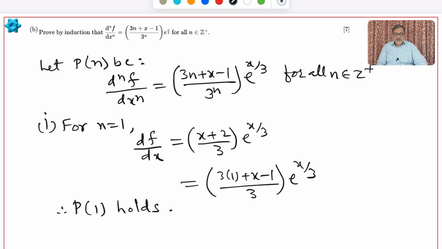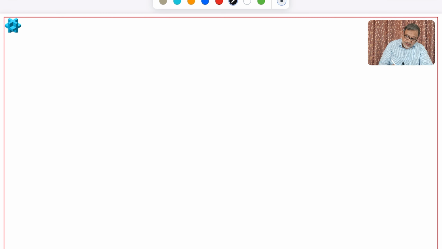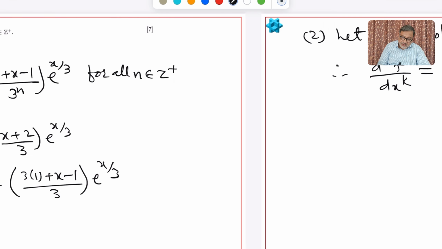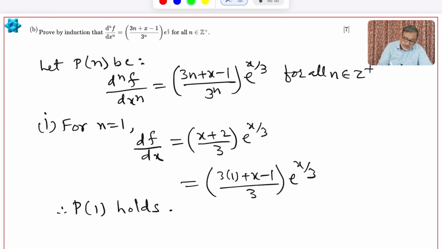Now second step: P of k, we will assume. Let P of k hold for all k belongs to Z plus, right. So therefore d^k f by dx^k is equal to the same thing with k; we will write this with k only.